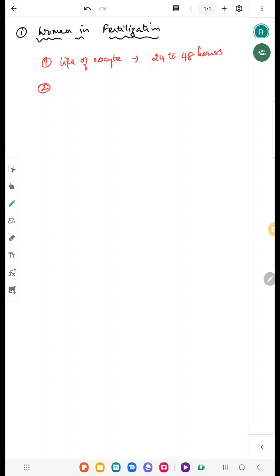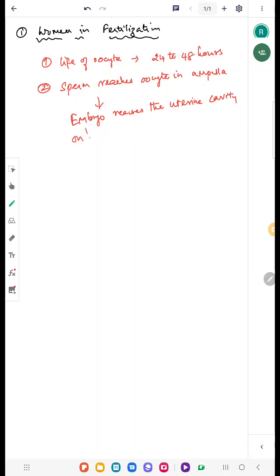When the sperm reaches the oocyte in the ampulla, and once they are fertilized, the embryo reaches the uterine cavity on the third or the fourth day of ovulation. Ovulation is the day when the oocyte is produced.